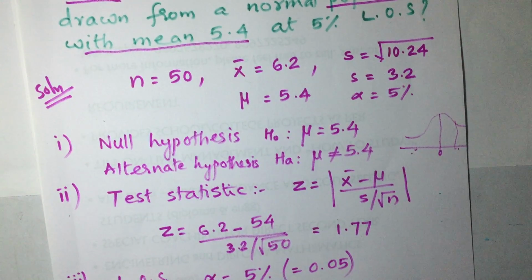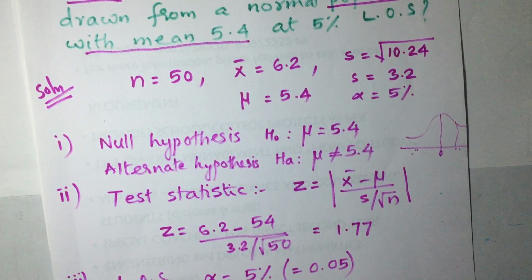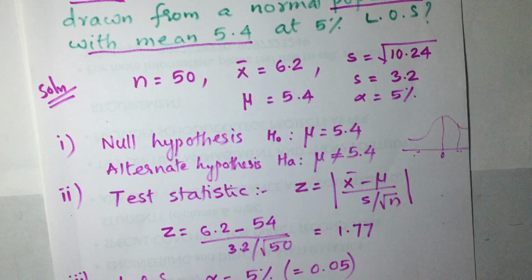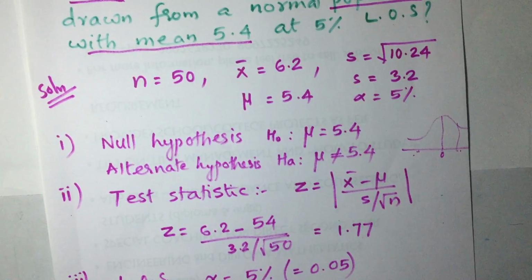Then the fourth one is the critical value. Critical value means the value of Z at 5% level of significance, so we use the letter Z alpha.